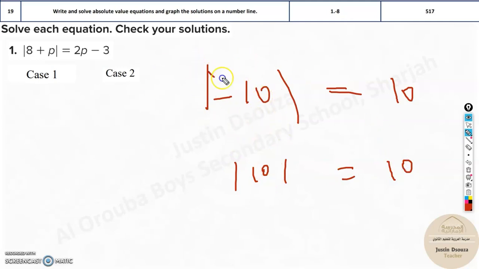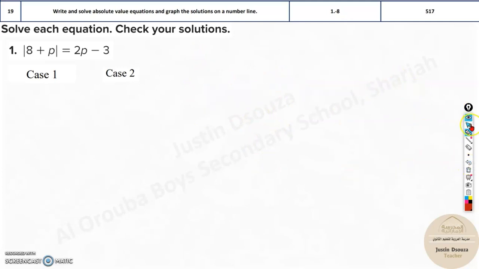So if you're removing the brackets, you must make sure that the other side gets the sign as well. You can just memorize this. First thing, write this without the brackets, same thing. Next one, write the same thing, but here opposite sign, you should put minus sign. That is the only thing.